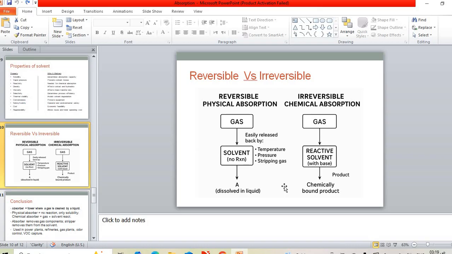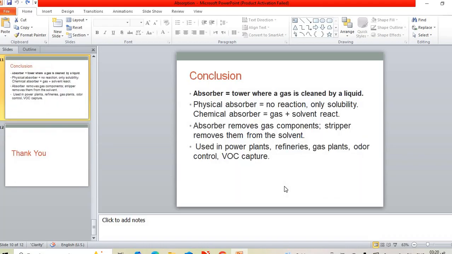But in a physical absorption, and I always stress on this, if we add some heat to the mixture of gas and solvent, we can regenerate the gas and regenerate the solvent as well.